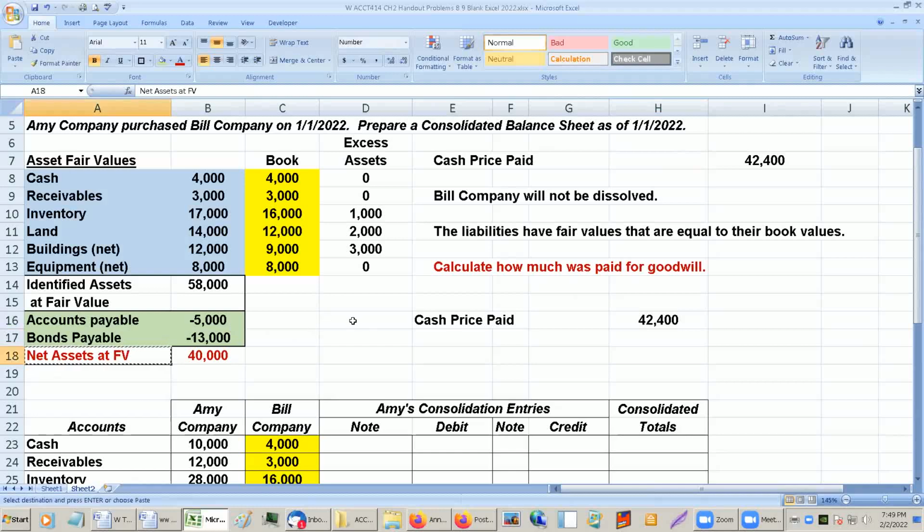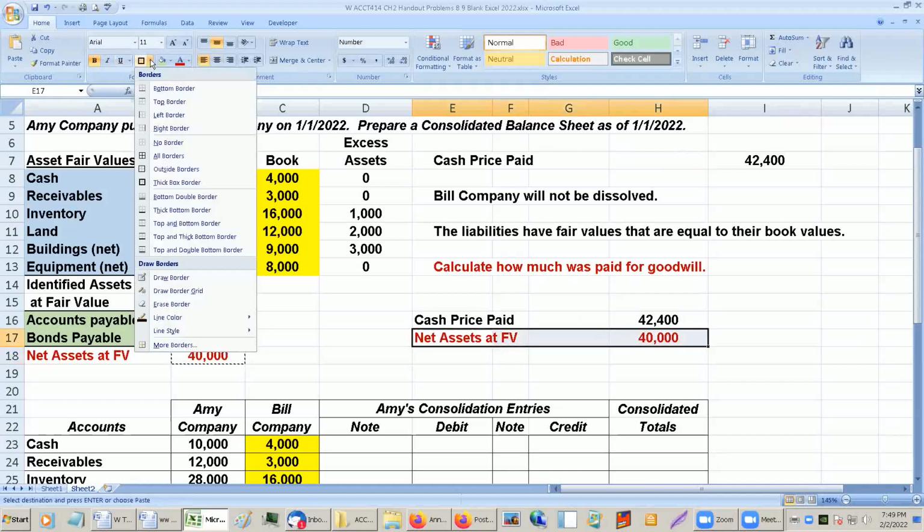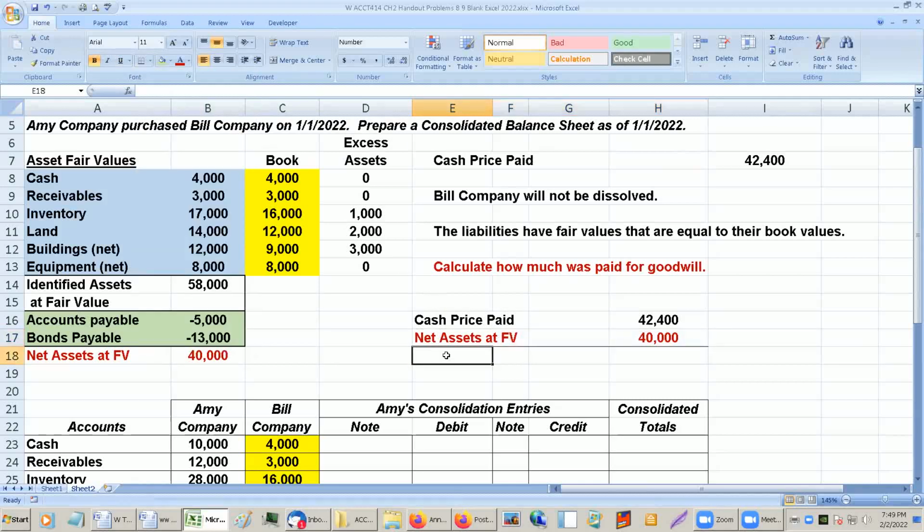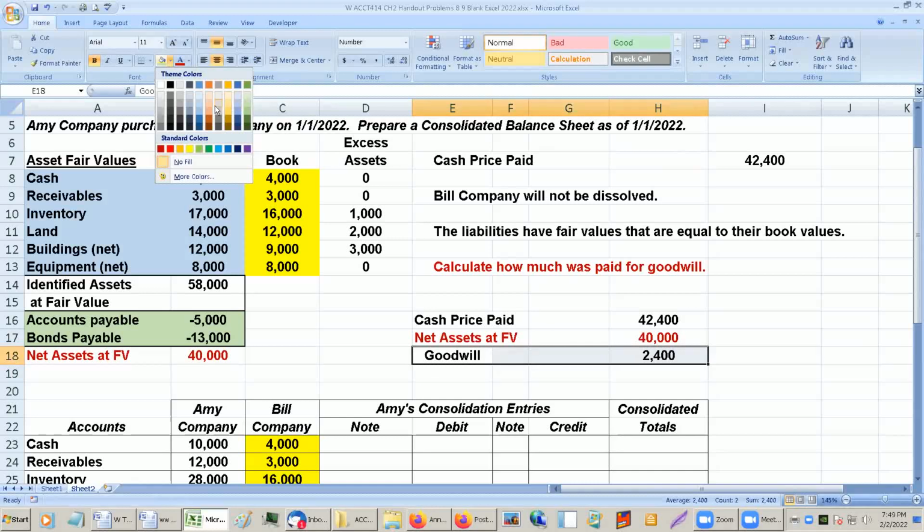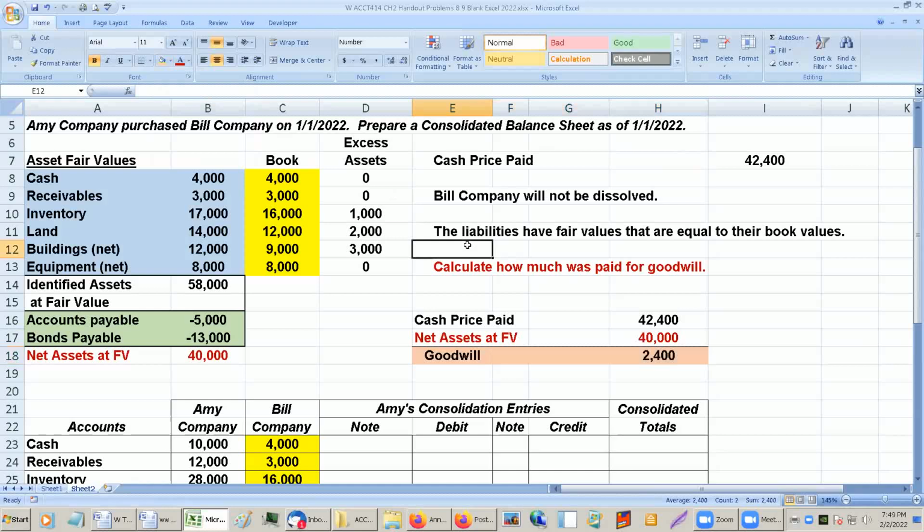The net assets at fair value. So if there wasn't any goodwill, we should have paid 40,000. So the rest of this must be goodwill. We paid an extra 2,400 for the goodwill. We'll make that orange, whatever that color is, peach.